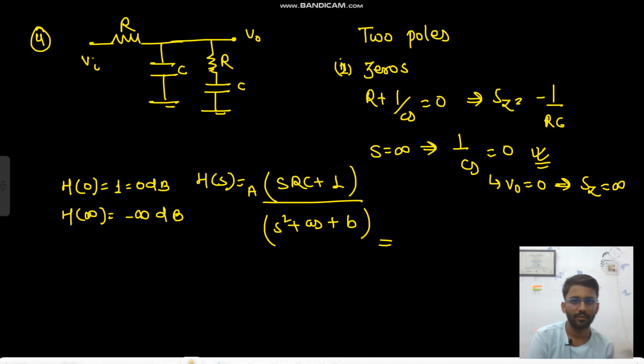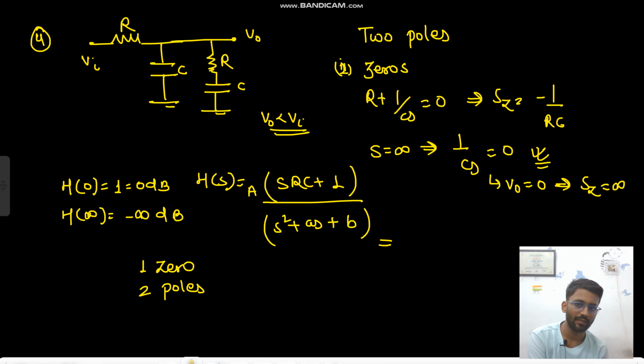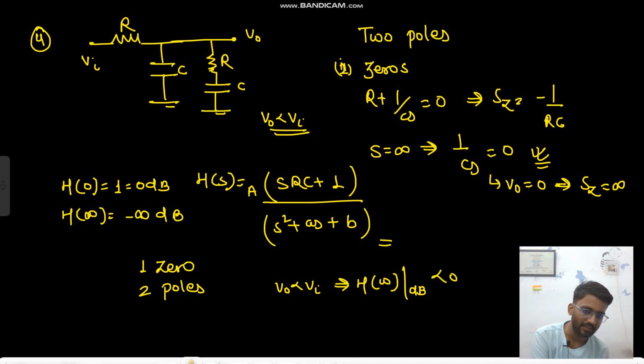So it should start from 0 and should go to minus infinity. So in this one also we need to think. We will again take the conditions. So here we have 1 zero and 2 poles. And one thing also we know is that your V0 will always be less than V in. Since your V0 is always less than V in, that means your H of omega in dB will also be less than or equal to 0 dB.